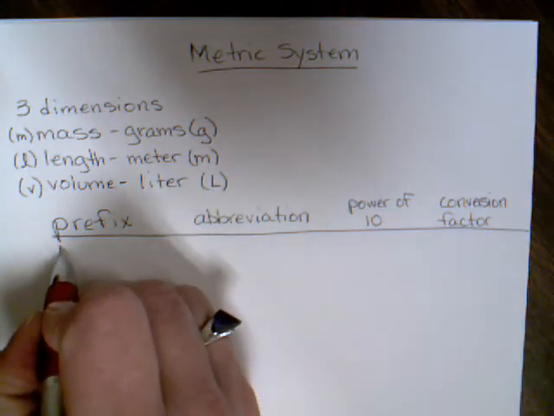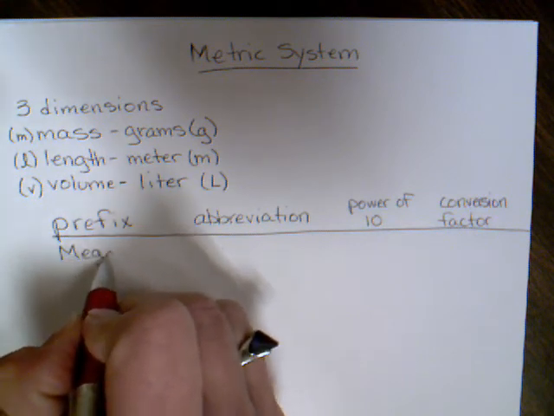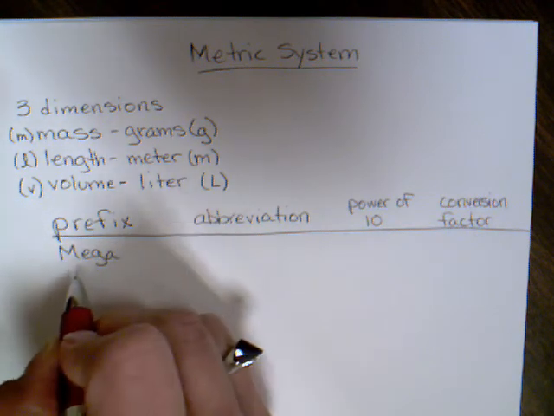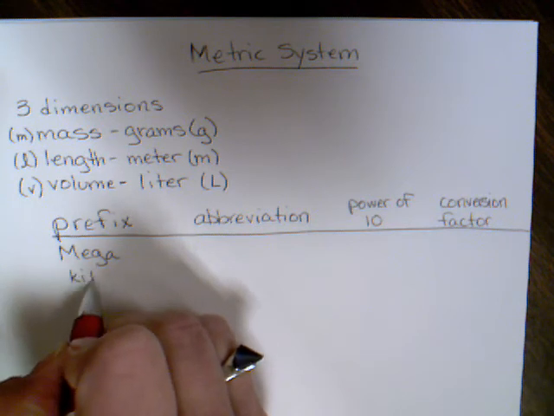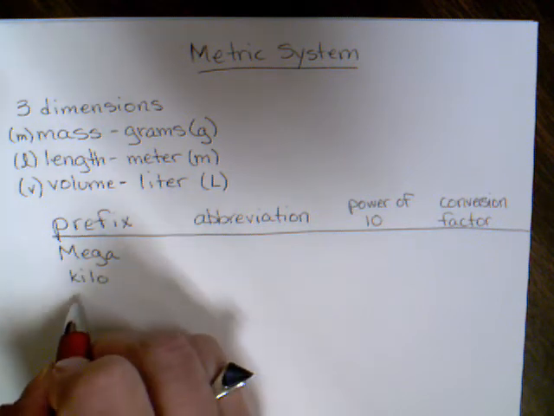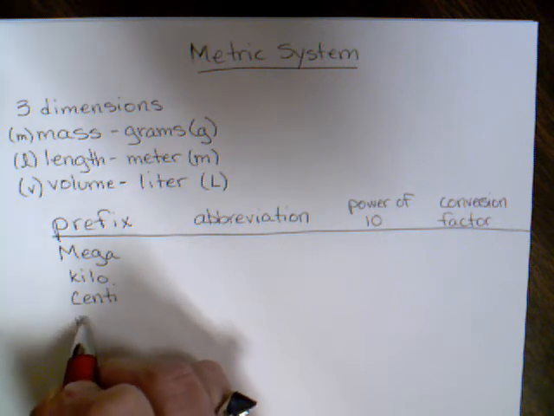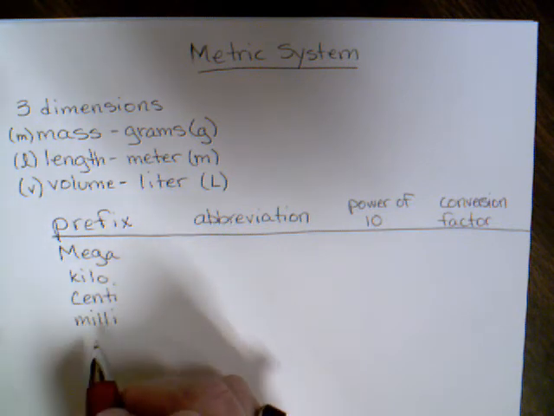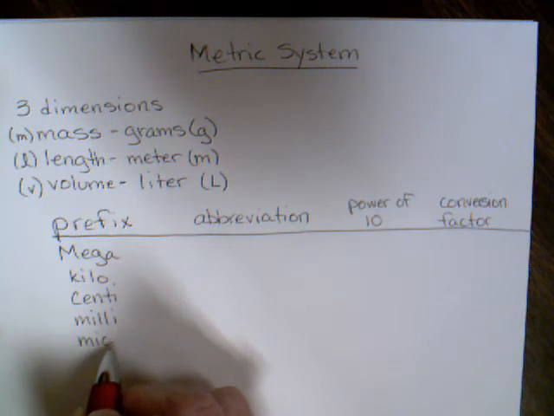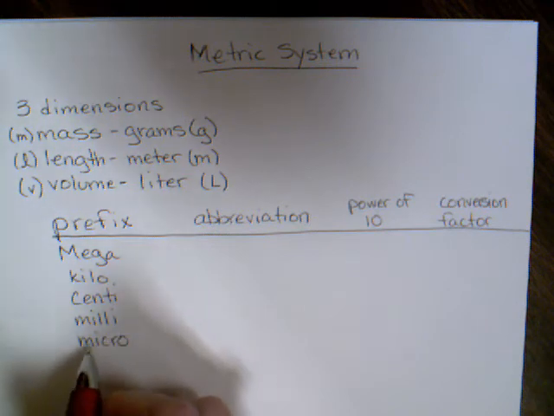The first prefix you're going to need to know is the mega. Then we have the kilo, the centi, the milli, the micro, and the nano.